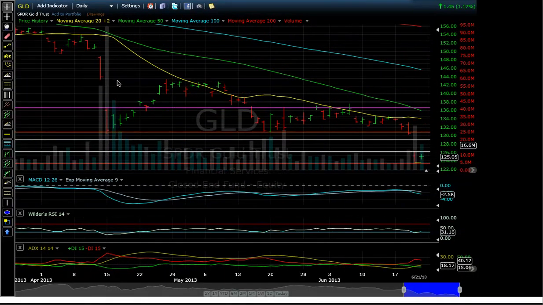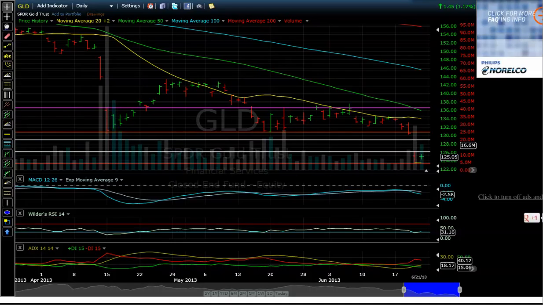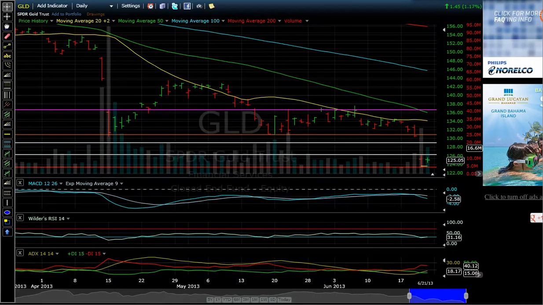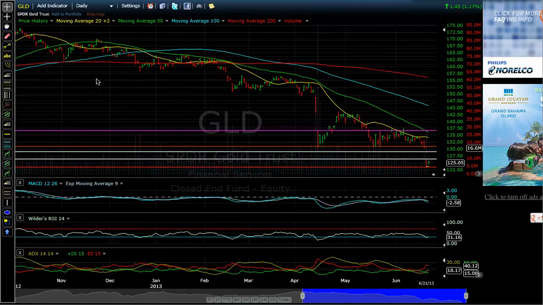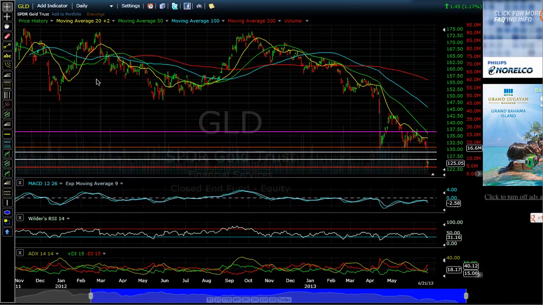I can't expand the screen more, sorry about that, but I just want to show you that little part there. Things happen in the stock market, and you just have to know how to trade them or how to react to them.